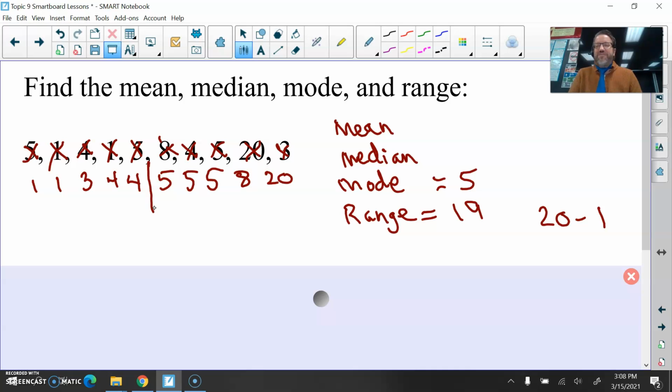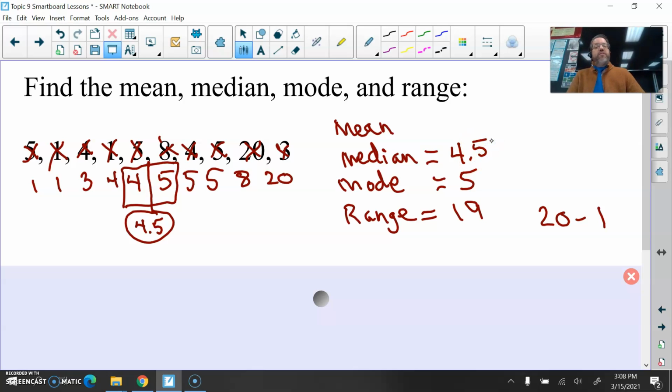We want to find 5 numbers to the left, 5 to the right. So I have 1, 2, 3, 4, 5 to the left, and over here I have 1, 2, 3, 4, 5 to the right of that line. So I need to average these two numbers. I need to find the mean of these two values. Well, I have a 4 and a 5 here. I bet you know what the average of those would be. Halfway between that would be 4.5. So we have a median of 4.5.